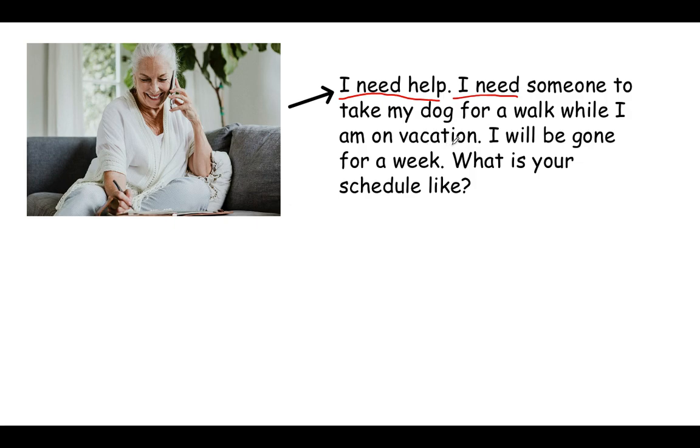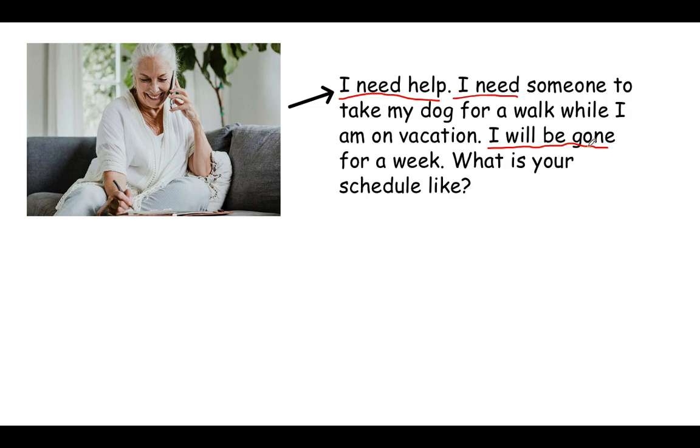So she's going on vacation. You'll see that she says, "I will be gone." So why didn't she say, "I go for a week"? She used "I will" to let her know that it's in the future.